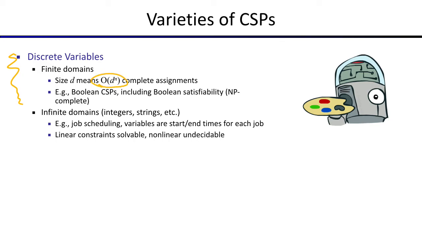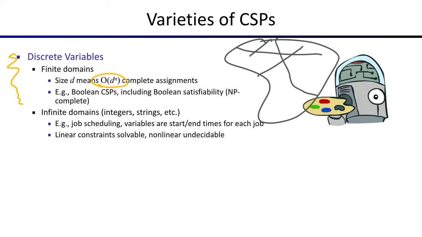Why is this O of D to the N complete assignments? Well, if we imagine an arbitrarily large map, something that looks like this, and there are a whole lot of countries in here, then if there are 6 colors, let's just say D colors, there are D options to go right here, D options here, D, D, D. The number of total assignments to all of the variables is O of D to the N. And so that's the size of the search space that we're considering.